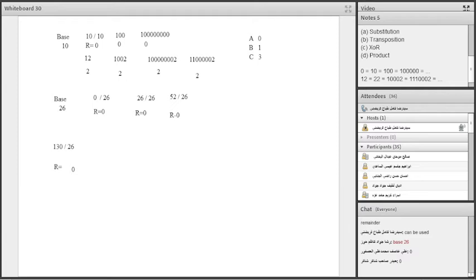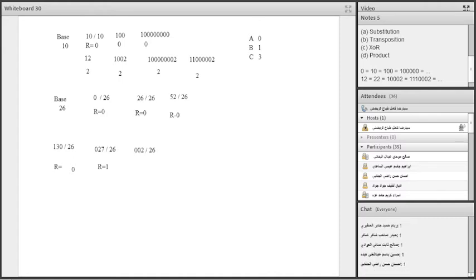And the next one, after 130 I wrote 027, divided by 26. What is the remainder? It is 1. And the third one, 002 divided by 26.